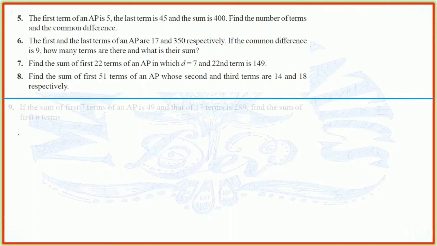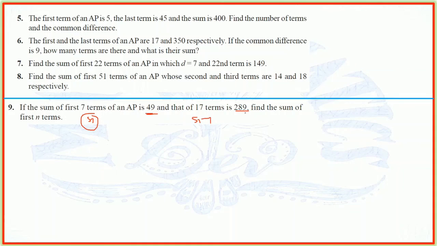The next question now, question number 9. If the sum of first 7 terms of an AP, that is S7, is 49 and that of 17 terms is 289, then find the sum of n terms. Let us go for the solution.